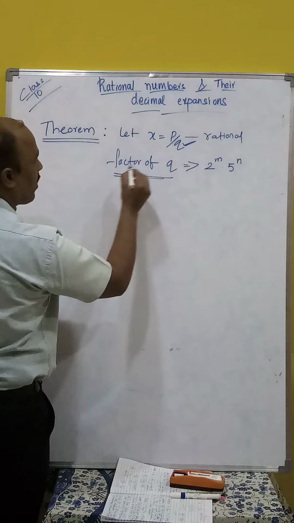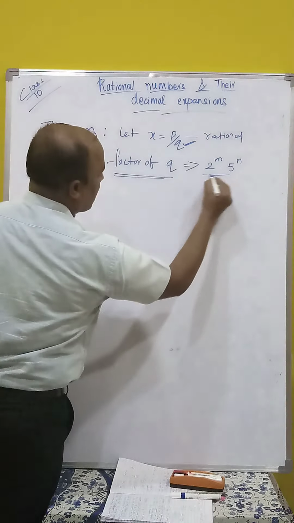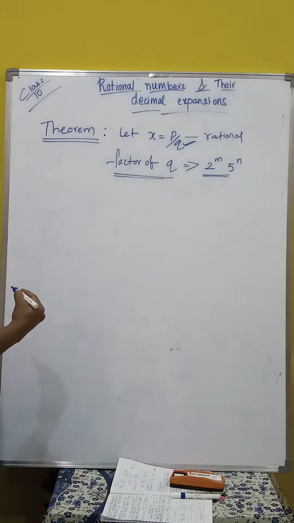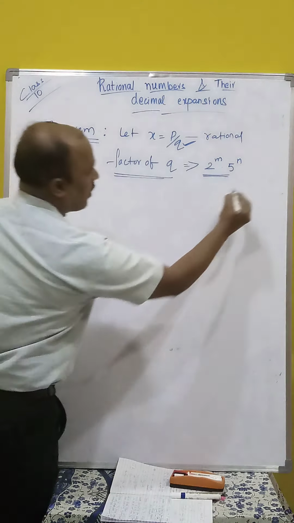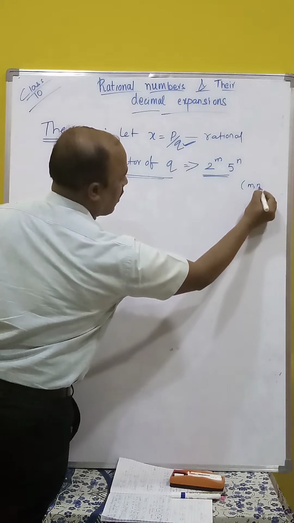According to that, if the factors of q are in the form of 2 power m into 5 power n, where m and n are both non-negative numbers, then what type of number is it?